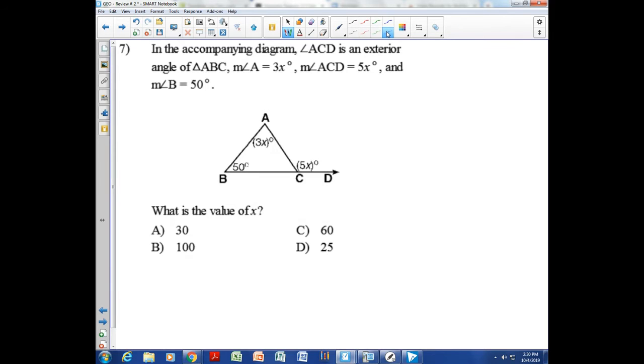There isn't any alternative method here because we have variables rather than numbers for our angles. Here the exterior angle, angle ACD, is 5x, and the two remote angles are 3x and 50. The exterior angle will always be equal to the sum of the other two interior remote angles.